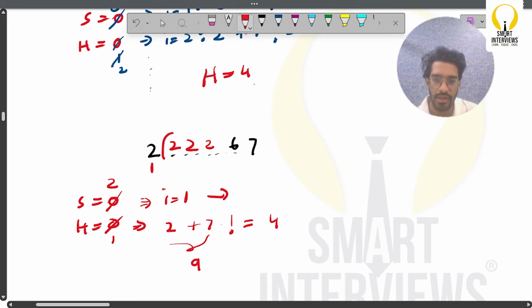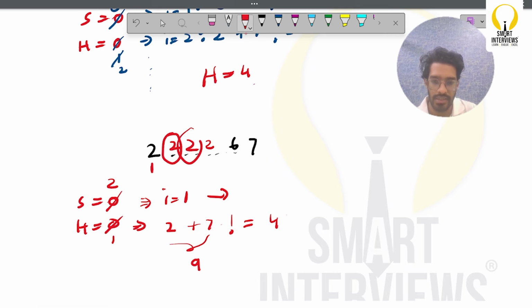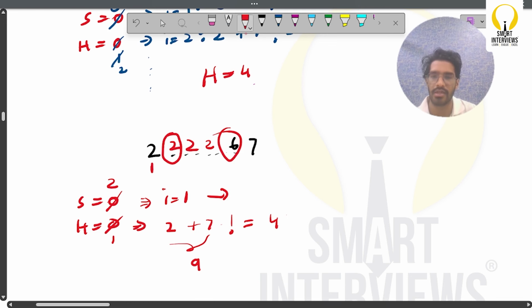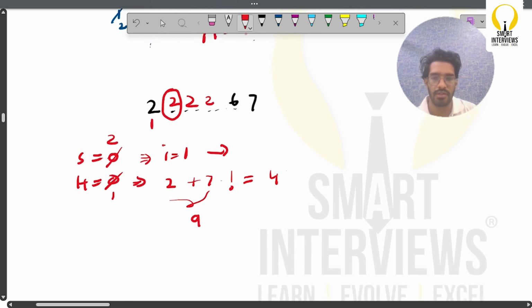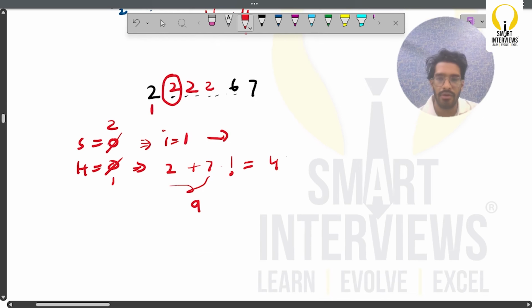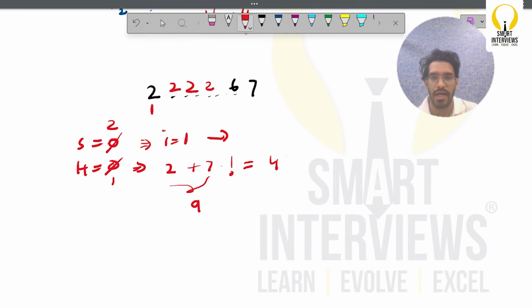So we considered 2 and then we considered 7. Let us now try to consider the same 2 again, and this time, instead of considering the next 2, try to consider it as the 6. If you see, we are always picking a different value. We are sometimes picking the smallest value, and sometimes picking the largest value.